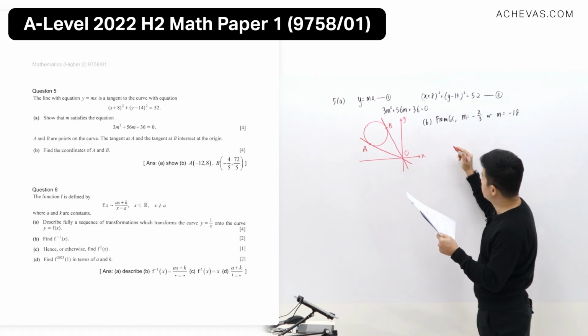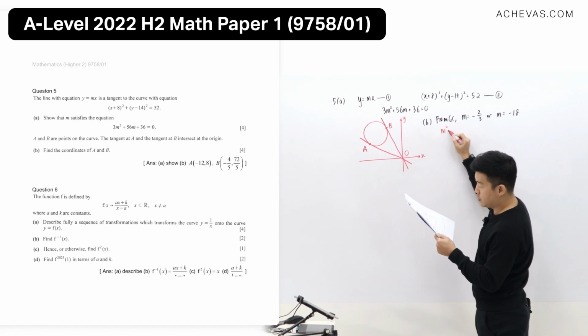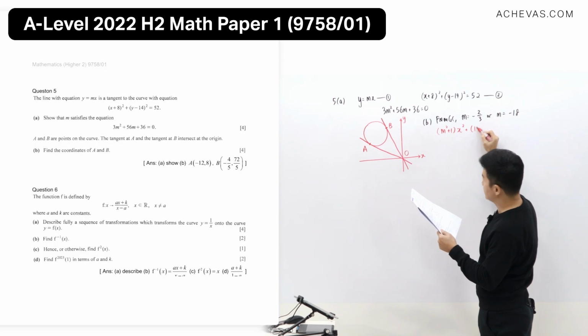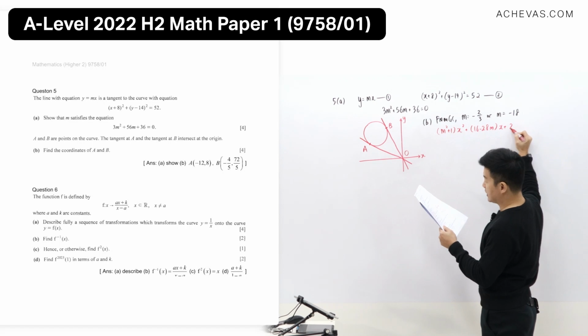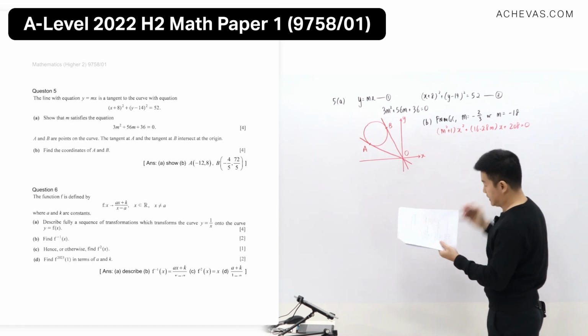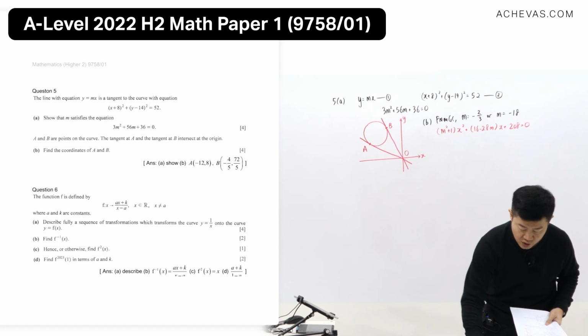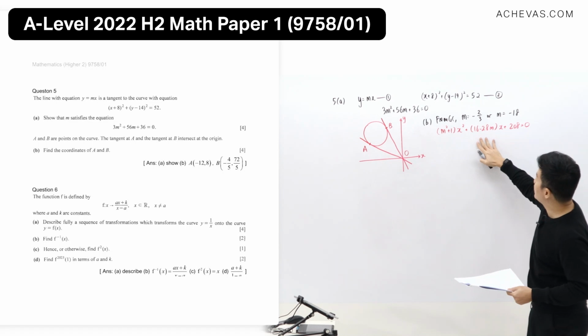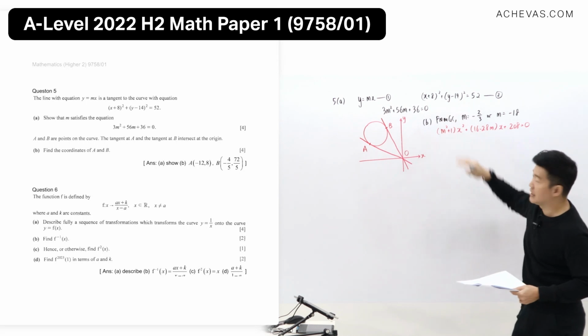We derive (m squared plus 1)x squared plus (16 minus 28m)x plus 208, this is equal to 0. So this was the equation that was the result of me trying to solve for this and this.